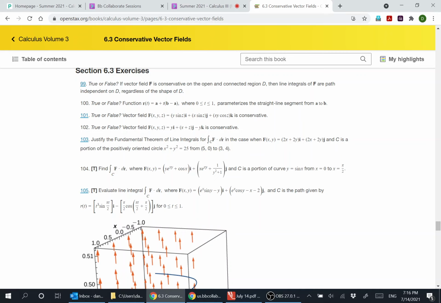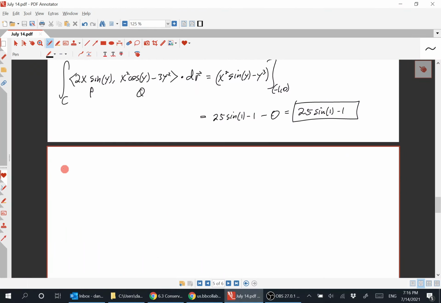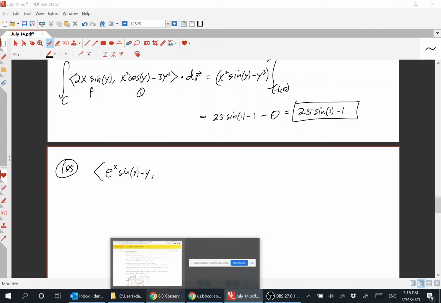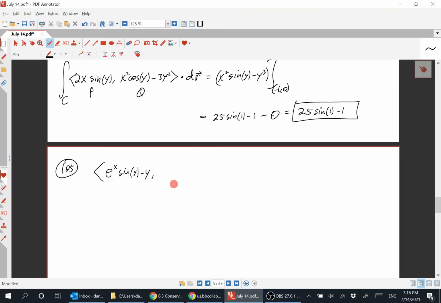So F is e to the x sine y minus y, and then e to the x cosine y minus x minus 2.